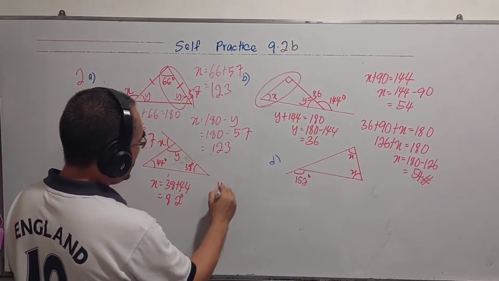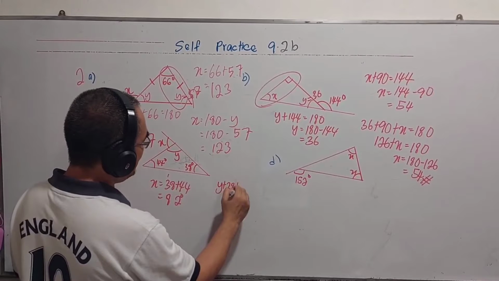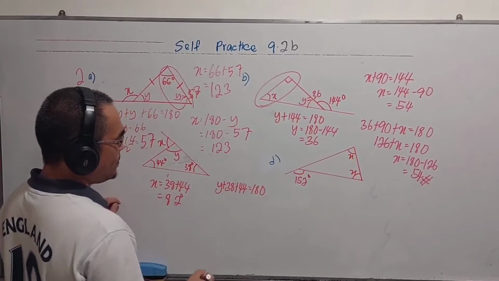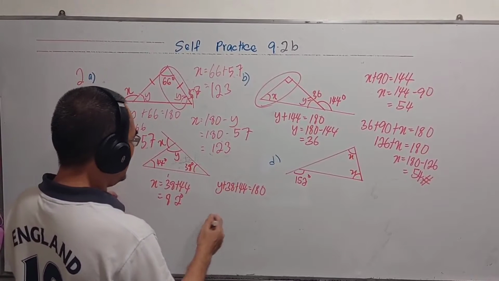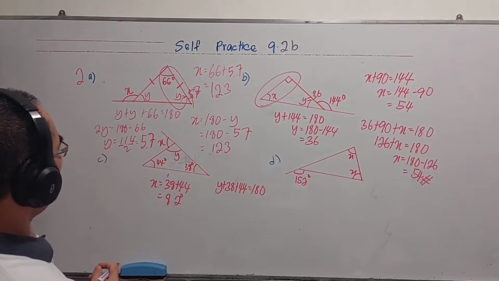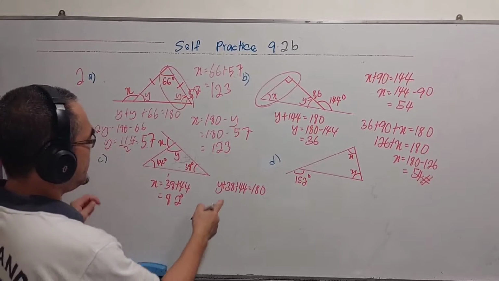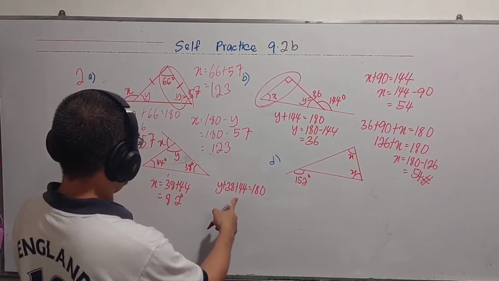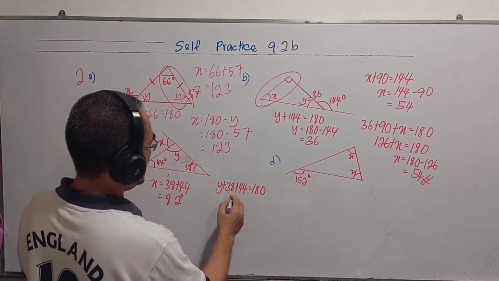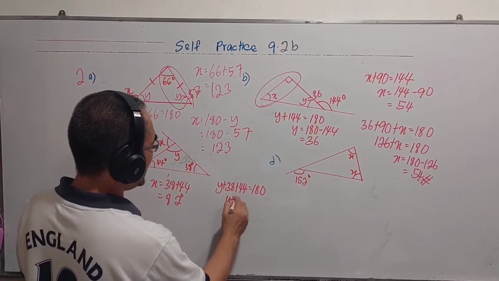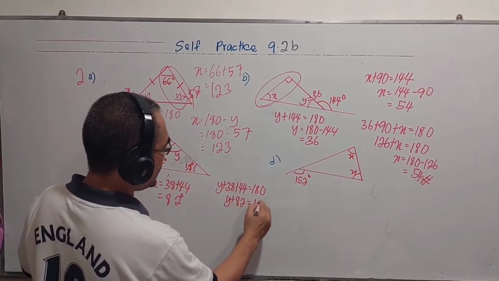I would say y plus 38 plus 44 equals 180, so y plus 82 is equal to 180.